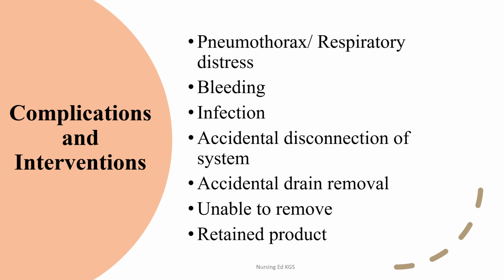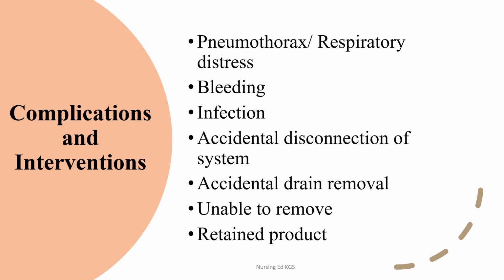After which, you will clean the ends of the drain and either reconnect it or you will need to set up a new drainage system. You will next check the patient's vitals, let the doctor know that it was disconnected, and he may or may not request a chest x-ray.